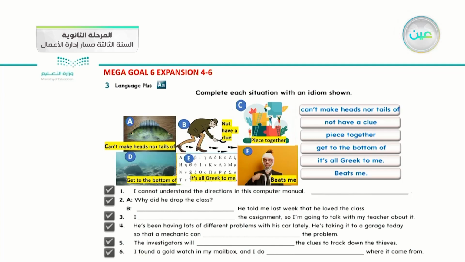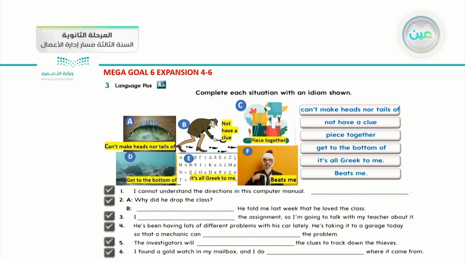It's all Greek to me, which means it makes confusion for me. I can't understand this language. And the last one, pets me, which means that this is something that makes my mind confused, and I can't focus, and I can't expect the end of those things. That's what we're calling it, pets me.